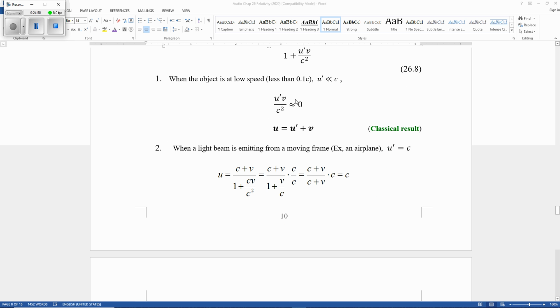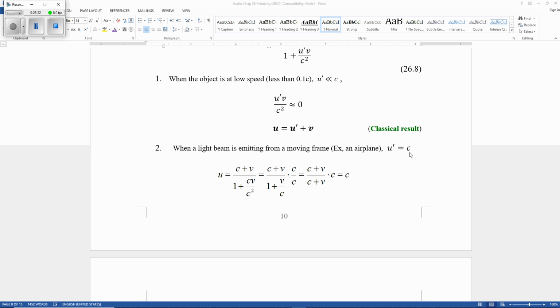Now let's see high speed. Suppose you have a light beam emitted from the moving frame, for example an airplane or spaceship, anything. You send a light, so U prime equals c, because U prime is the speed of the object relative to the moving frame, which is light, so the speed equals c.